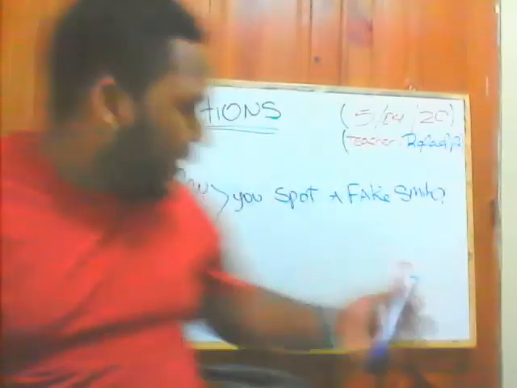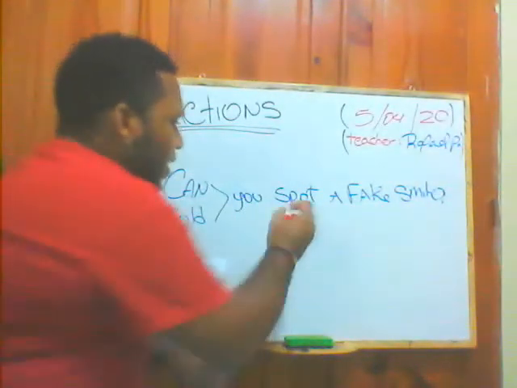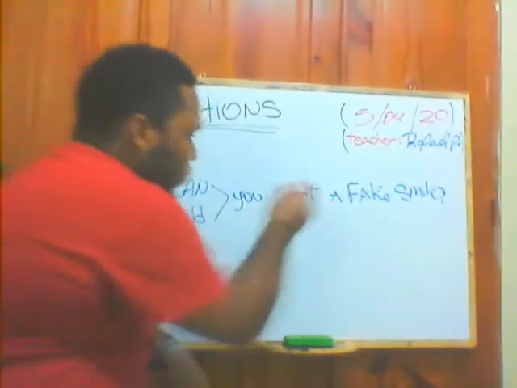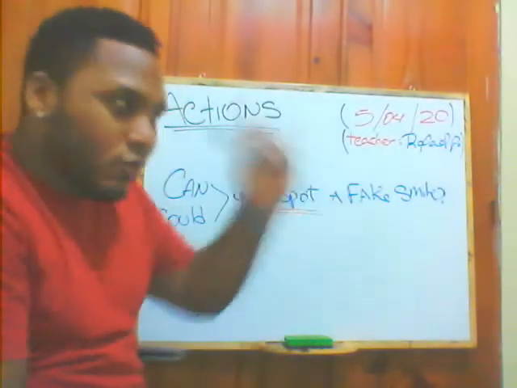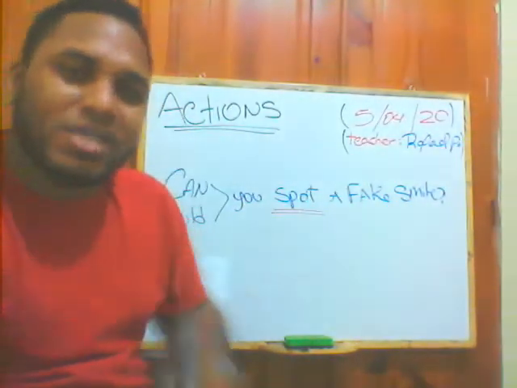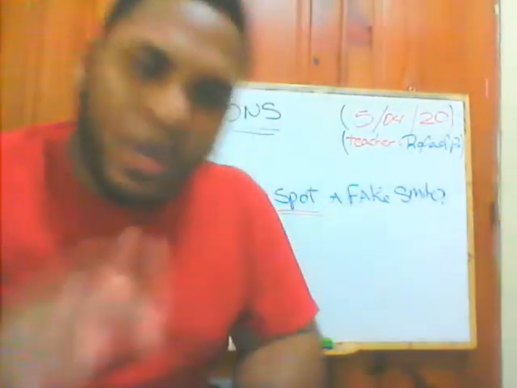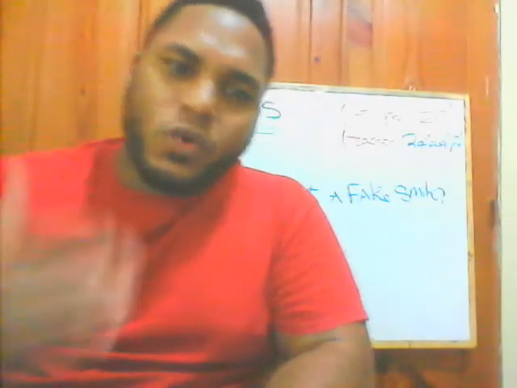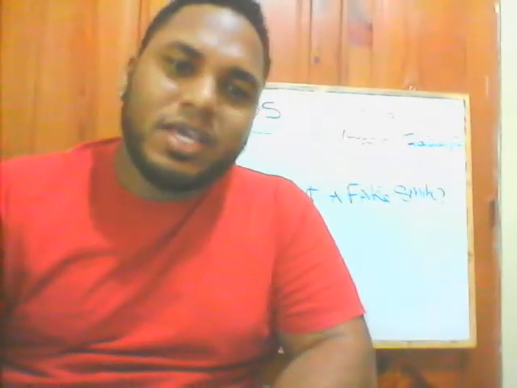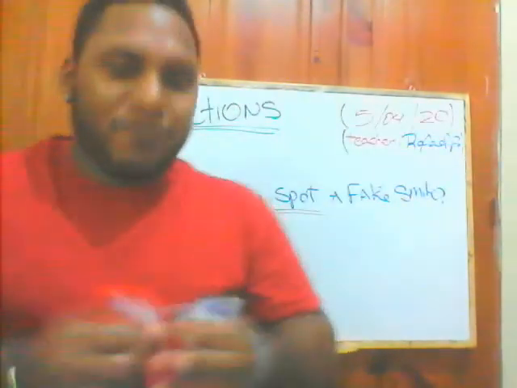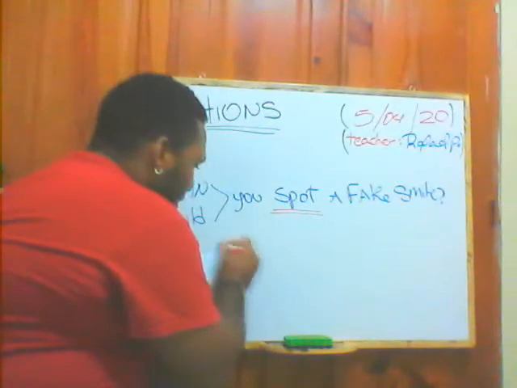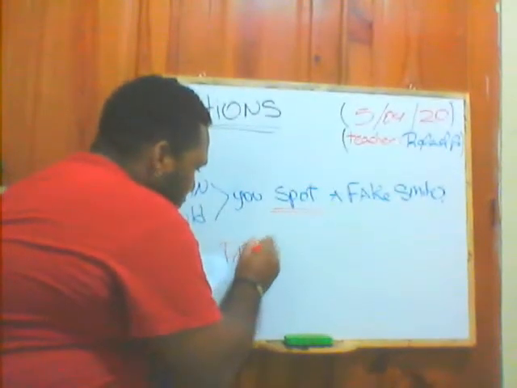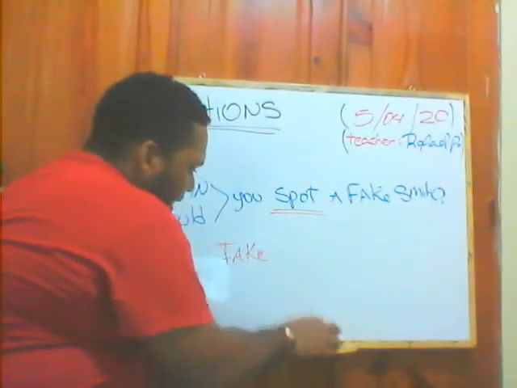So to spot is basically this. To spot is to identify or to recognize what somebody is doing. So when you spot a person, you are actually noticing that they are telling you something. For example, we have a fake person or something that is fake.